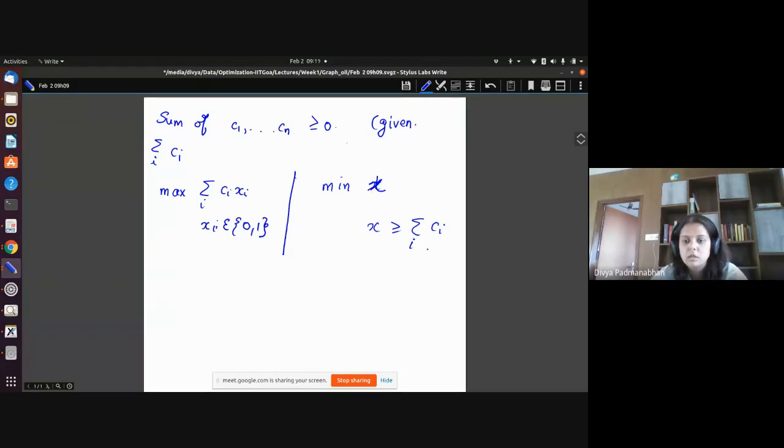You have the sums, and you want to find the smallest number which is greater than the summation of ci. So this is a linear program, and that was an IP. You can do all sorts of things, but you have to use your discretion to decide whether you really need to go into the tool of optimization. It's a powerful tool because you can capture things rigorously in all these formulations. But just a word of caution.